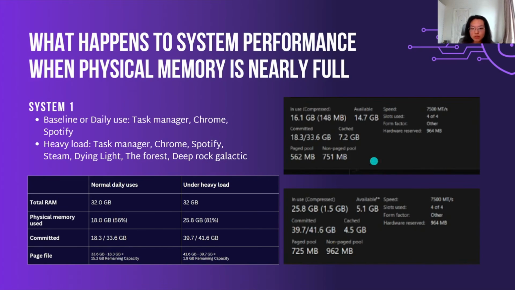As you can see from the table, the total RAM is 32 gigabytes. The physical memory use on normal daily use is 18 gigabytes and under heavy load is around 25.8 gigabytes. The commit limit is 33.6 gigabytes for normal daily use and 41.6 gigabytes under heavy load. So the system had to create 8 gigabytes of new virtual memory on the disk to avoid crashing.